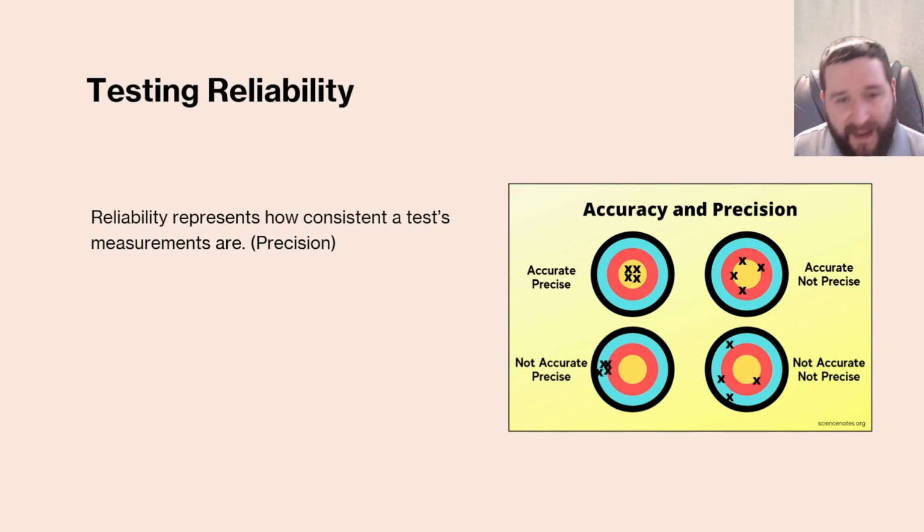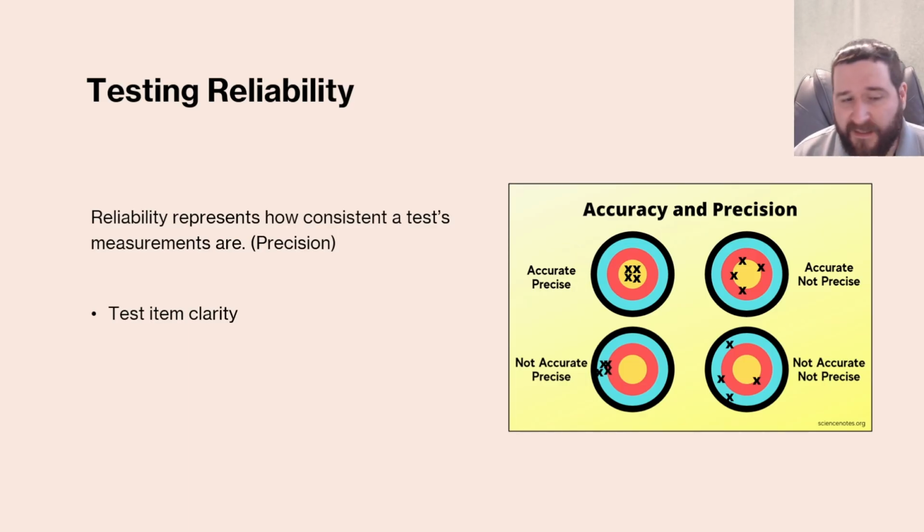If we had a student take a test 5 times, would we expect a close result, like you see in the target in the top left or bottom left here? Or would we expect spread out results? If our test results are spread out and it's the same student testing every time, that test doesn't have great reliability.